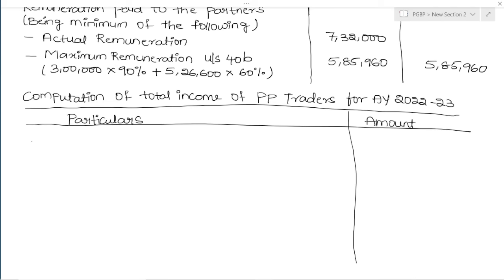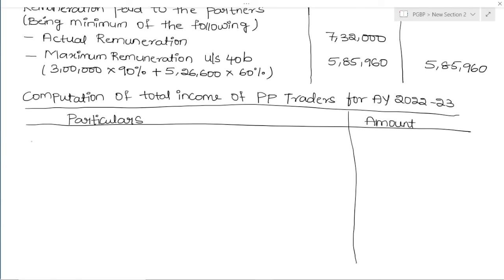Second thing, we deducted unabsorbed depreciation of 50,000 to compute the book profit. Now that is a requirement for computation of book profit under section 40B. But for computing the total income, it is not a requirement. First we should deduct the remuneration which is actually allowed, right? After that, we'll deduct the brought forward business loss or unabsorbed depreciation.